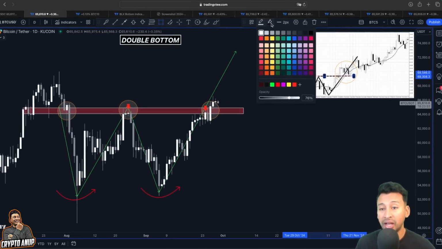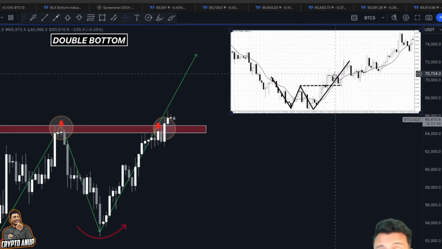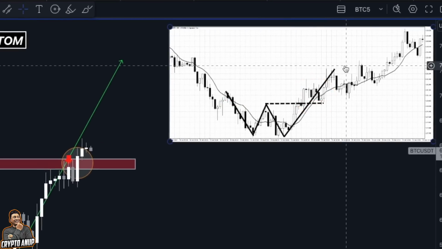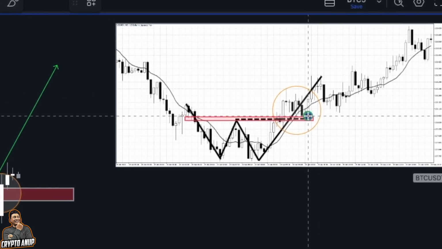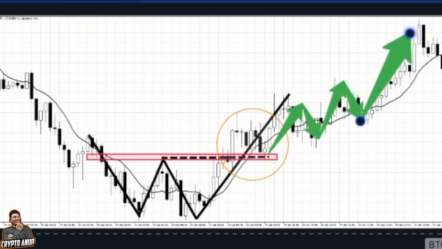After breaking out from this neckline, it started with this bullish move, but this bullish move came back for a retest, which flipped into support, and only after that we had the actual bullish continuation playing out, a higher highs, higher lows continuation pattern type of formation.